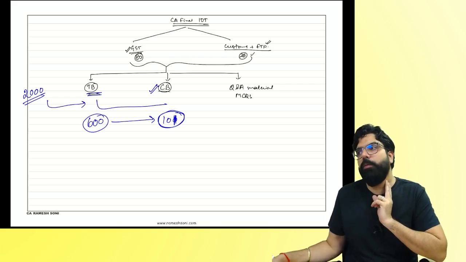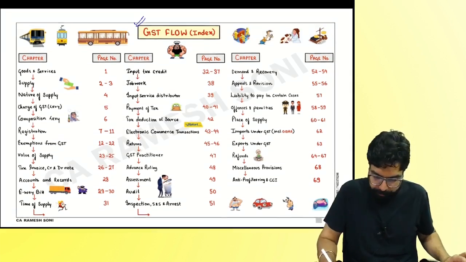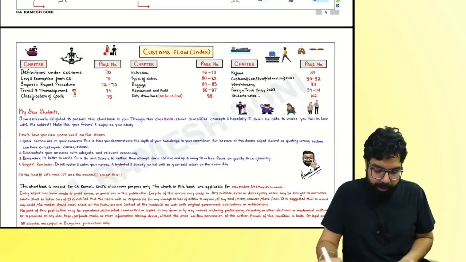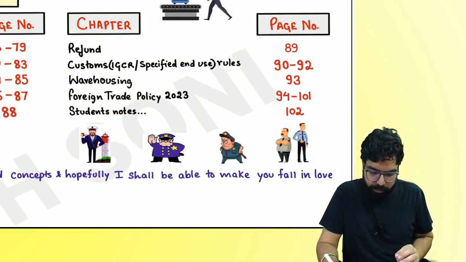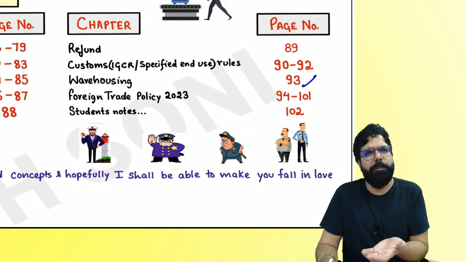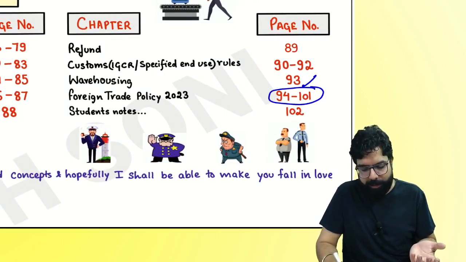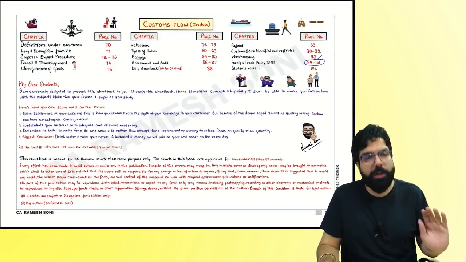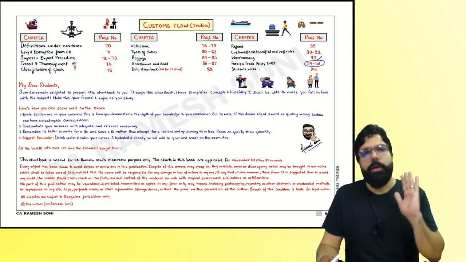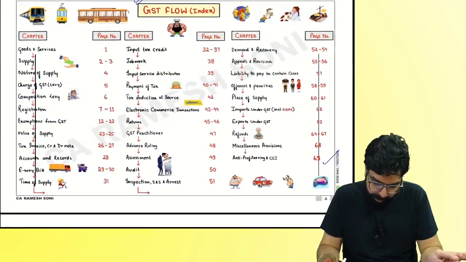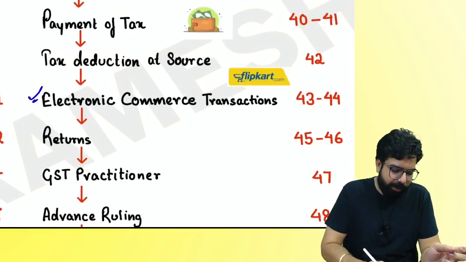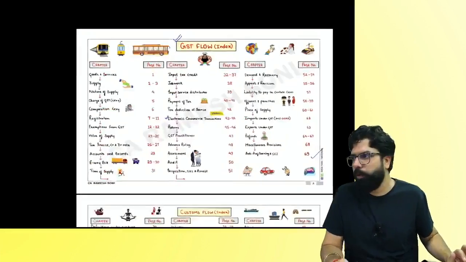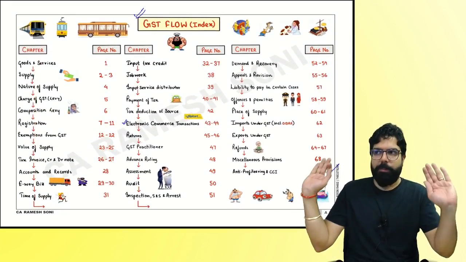Approximately 69 pages cover GST, customs is up to 93, so basically 20-25 pages of customs, and the remaining 7-8 pages cover FTP. So all the chapters of GST, customs, and FTP, I have covered in the chart book. Now here, one new chapter on ethics was added in the new syllabus; that also I have included in the chart book. So the classes are completely as per the new syllabus.